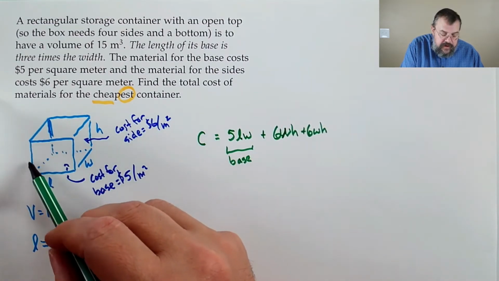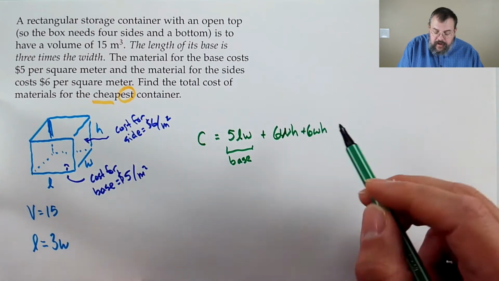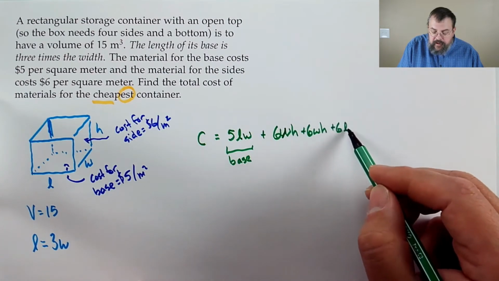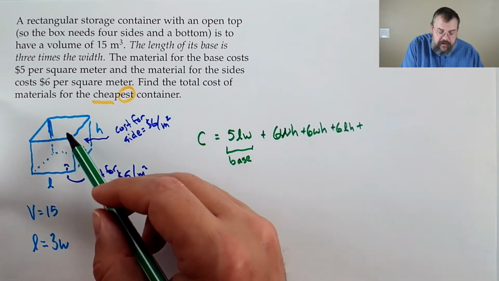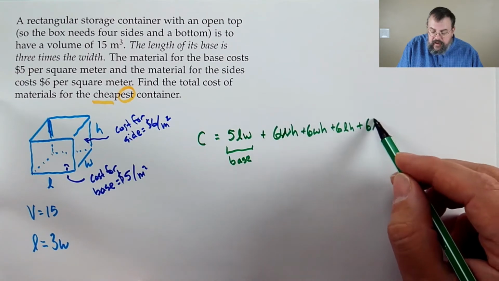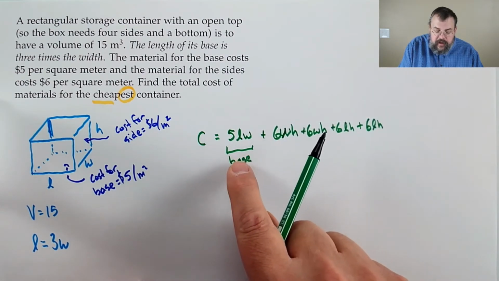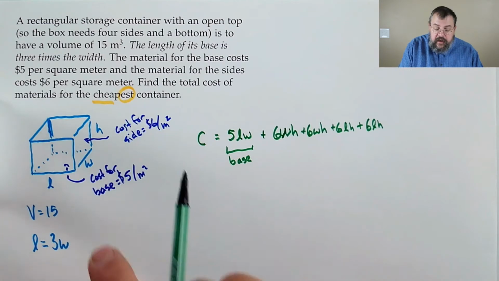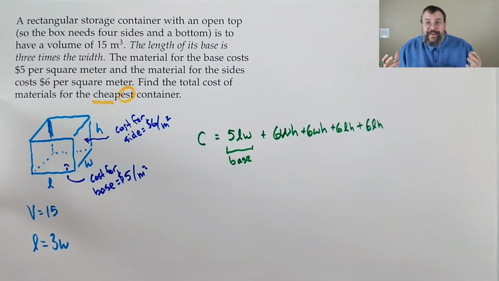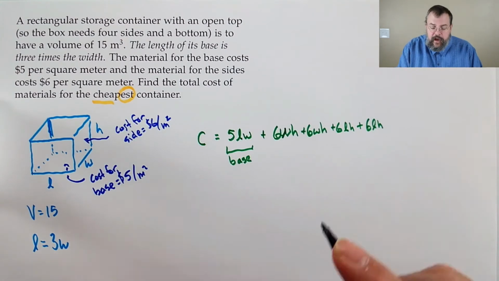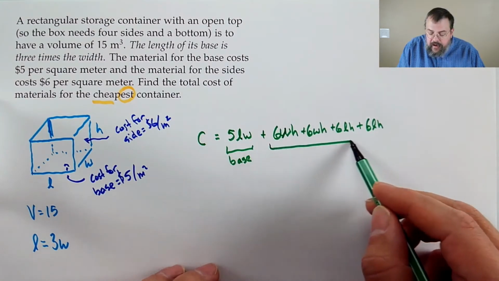And then, of course, there's this front face. Well, that would have 6 length times height. And, of course, the back face is, again, 6 length times height. Notice that this one does not have an opposite side because it's an open top. So there's a bottom, yes, but there's no top. So I don't have the opposite side. So these are the sides.